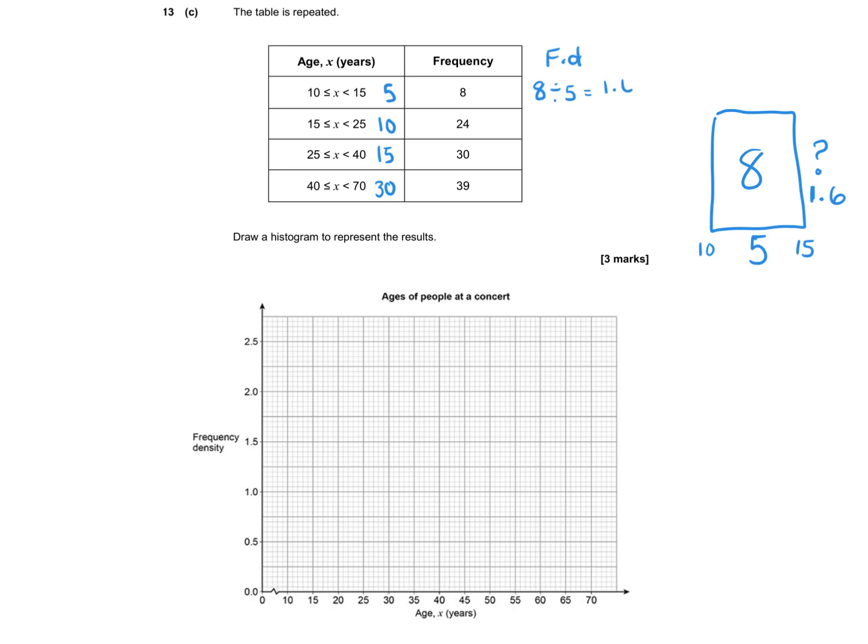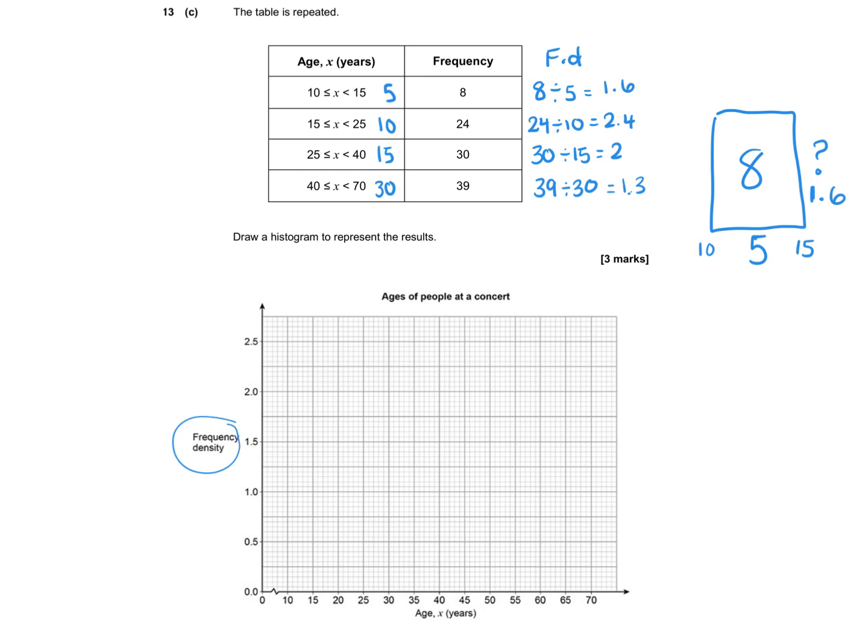So 8 divided by 5 is 1.6. 24 divided by 10 is 2.4. 30 divided by 15 is 2. And 39 divided by 30, I think it's 1.3, but I'm a bit panicky there. Yeah, 1.3. Okay, and then those are my heights that are going to go up the side, or as you can see over here, the frequency densities.